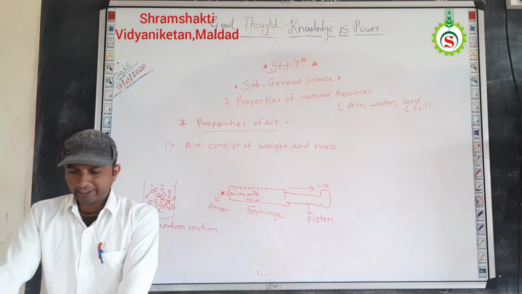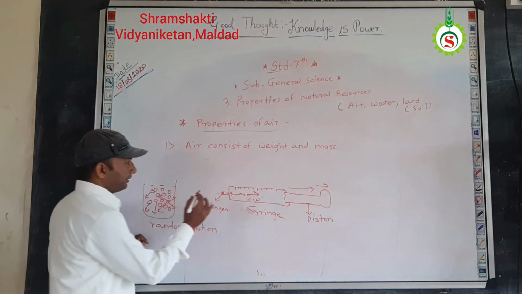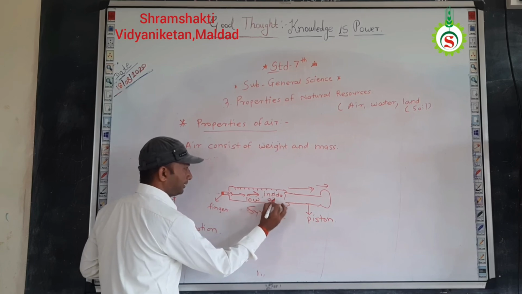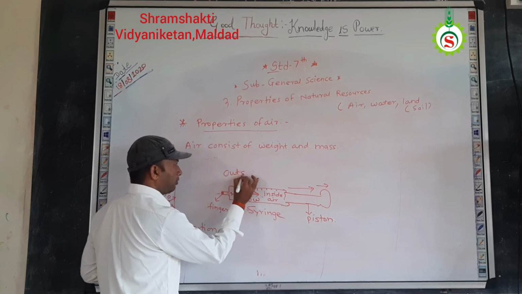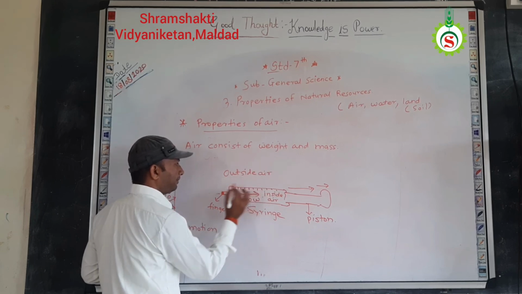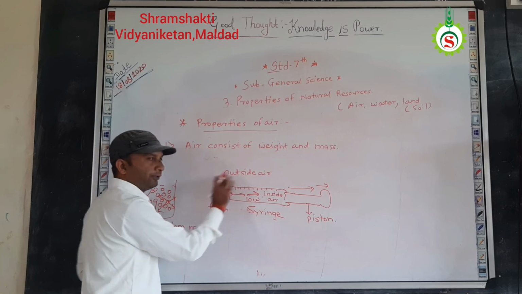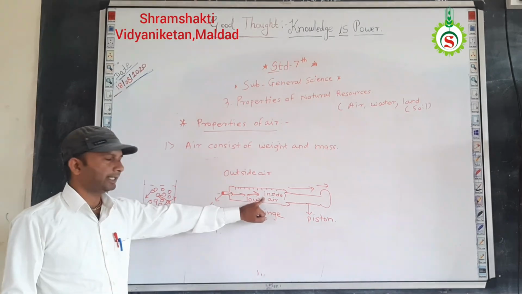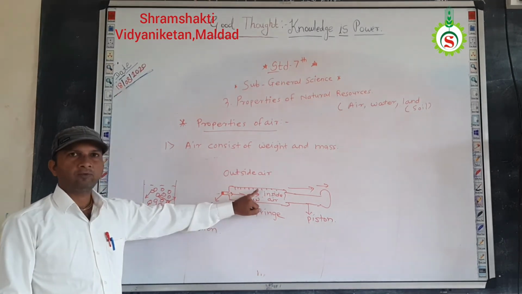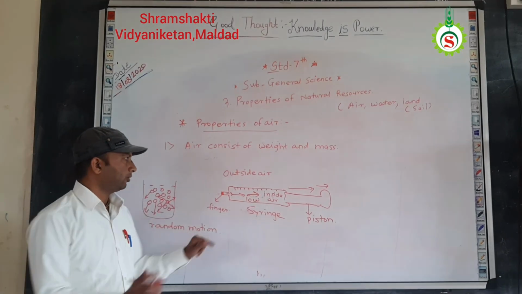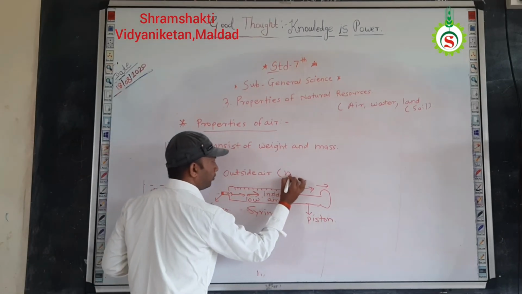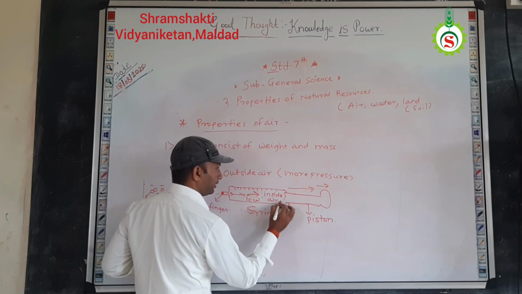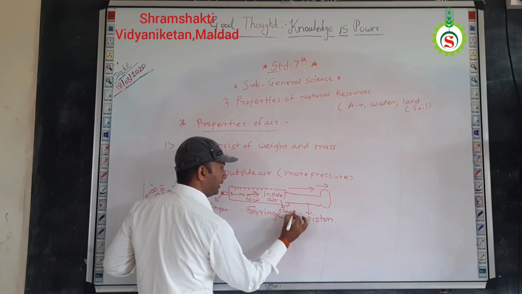Comparatively, the pressure of the outside air is very high. This is the inside air, the air present inside the syringe, and this is the outside air, the air present outside the syringe. The outside air has more pressure than the inside air, and the inside air has low pressure.